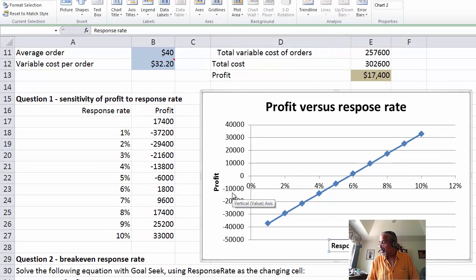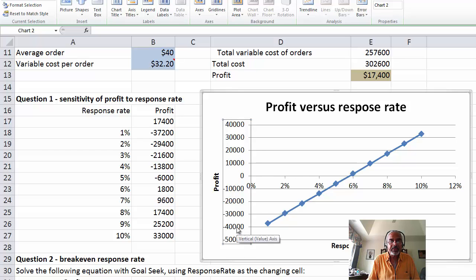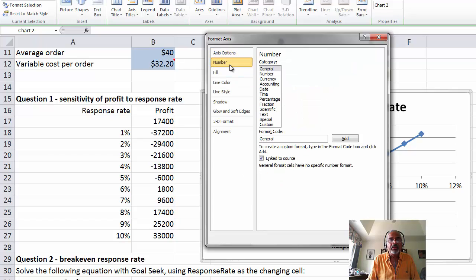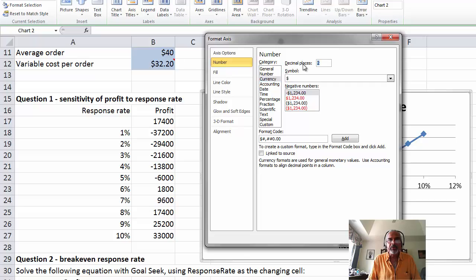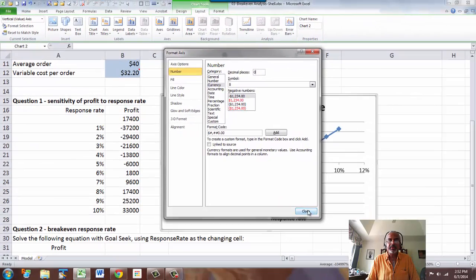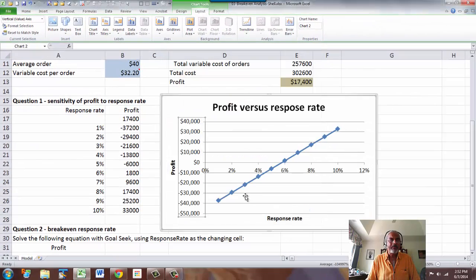Now we can include a dollar sign for these numbers. Click on these values to make a box, right click, format, number, currency, and let's put no decimal places there. So that gives us the graph.